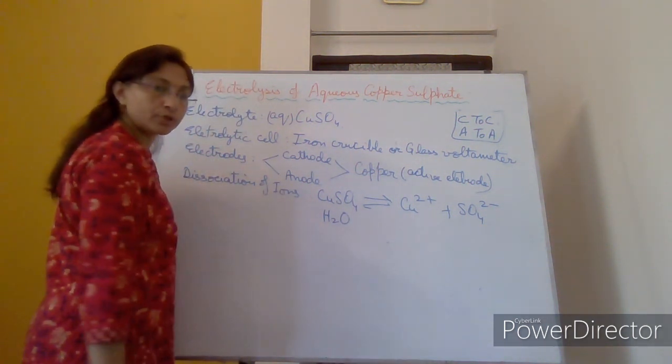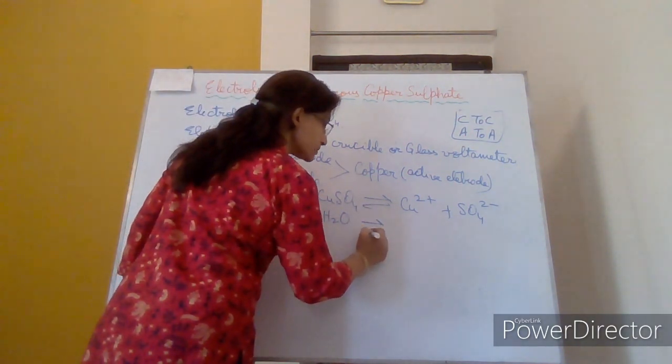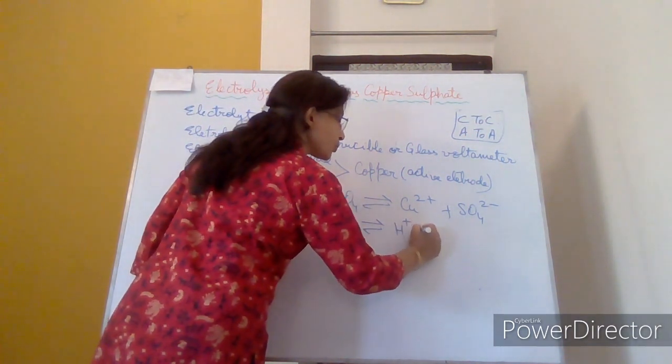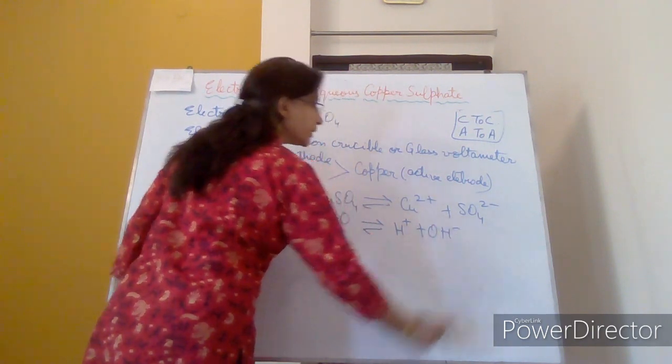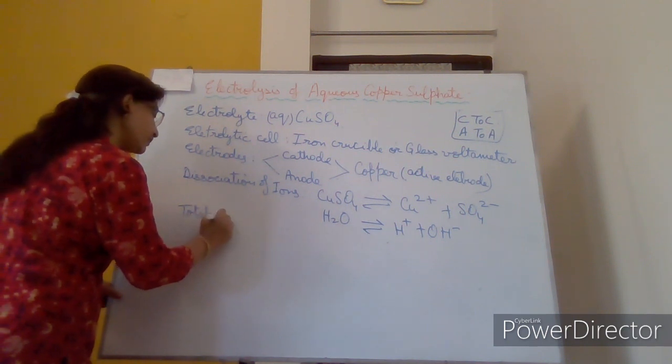Obviously they both will be producing ions. Water will produce H positive plus OH negative. So what total ions do we have here?